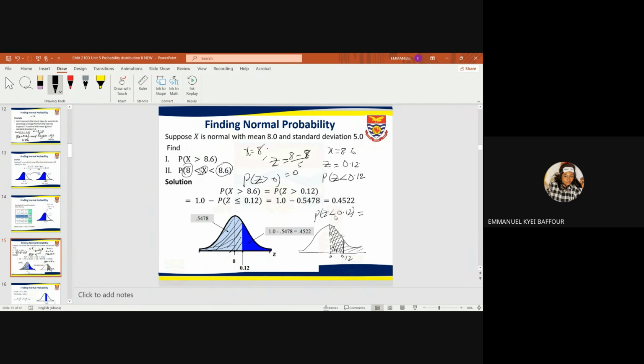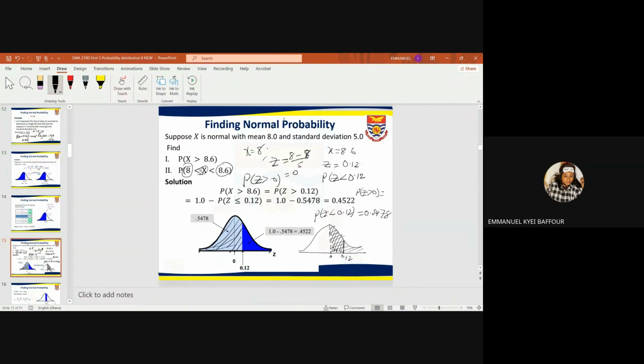But we have already calculated P of z less than 0.12 and we had it at 0.5478.